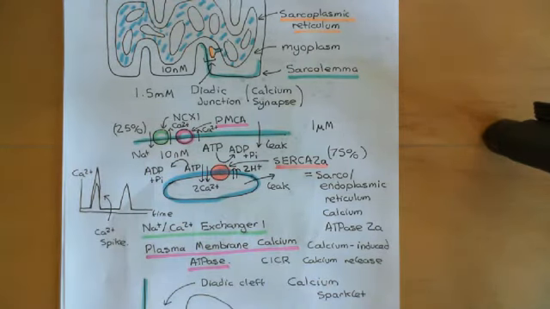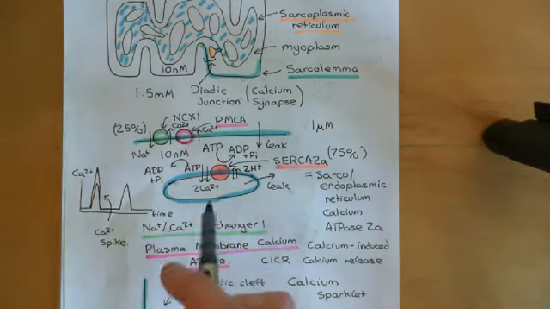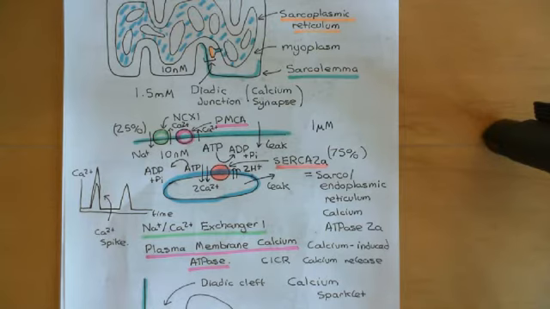It will return about 75% of that excess calcium that's in the cytoplasm back into the sarcoplasmic reticulum lumen. Okay, and then the other major mechanism is the sodium-calcium exchanger 1, which is going to chuck about 25% of the excess calcium back out into the extracellular fluid, and then it will return you back down to this normal equilibrium where you have 10 nanomolar calcium concentration in the myoplasm.